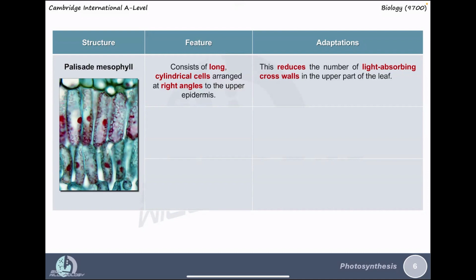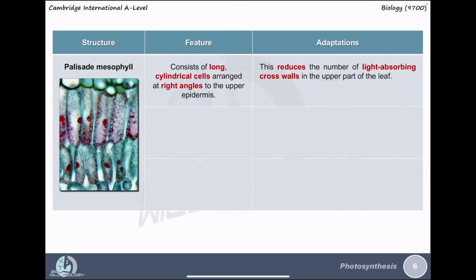Try to imagine that each leaf must maintain a particular thickness. If these palisade mesophyll cells are arranged parallel to the upper epidermis, there must be multiple layers of cells. If there are multiple layers, each layer of cells will absorb the light, which means that the lower layer will not have sufficient light energy to carry out photosynthesis.